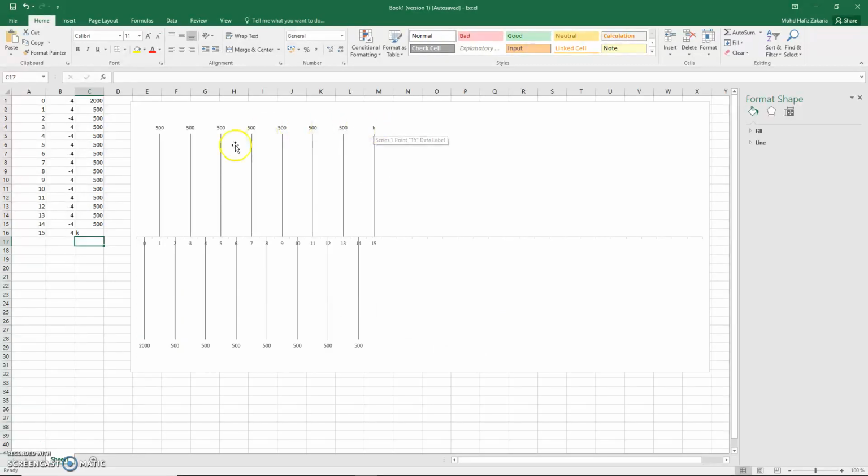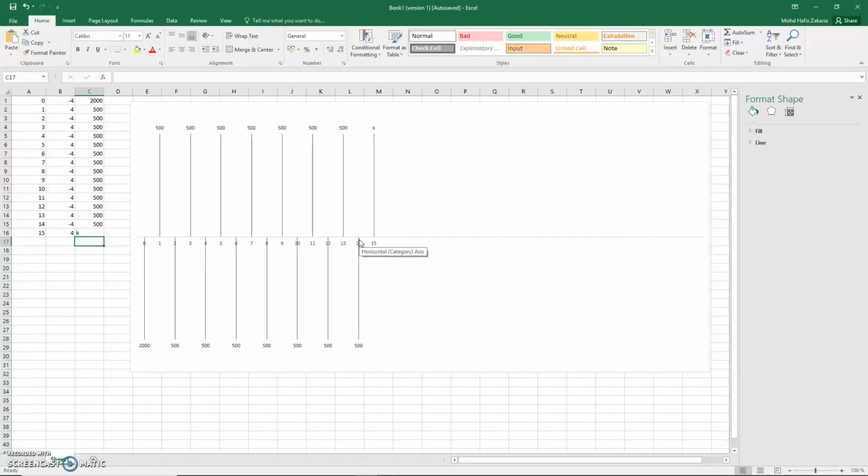Let's calculate it manually. 2,000 and then 500 for 14 times. 500 paid 14 times is 7,000, plus 2,000 for the down payment, gives you 9,000. Up until the 14th point, the buyer has already paid 9,000.